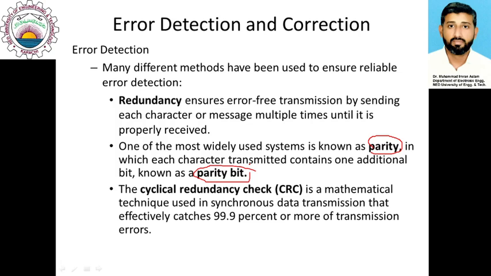Another type of scheme is called cyclic redundancy check. CRC is another mathematical technique used in synchronous data transmission, which is very efficient in identifying those errors. It can catch up to 99.9% of errors.